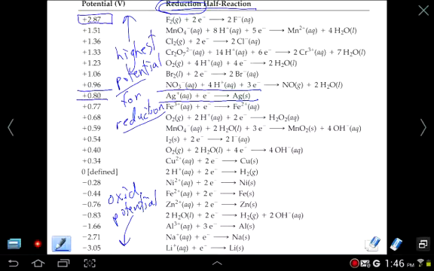Everything down here, if you take a look at lithium, lithium is at the bottom. We know that lithium does not exist on Earth as a pure metal; it always exists as an ion because it's so reactive. Lithium, being from the first group, does not want to get reduced. It really wants to get oxidized, and that's why lithium is extremely reactive.